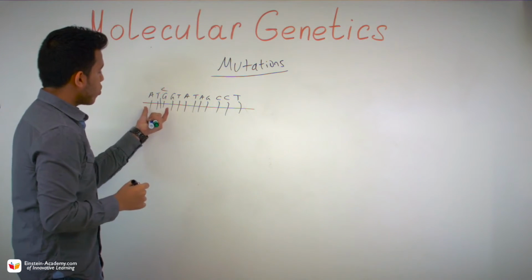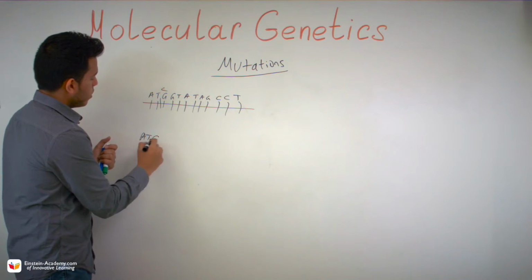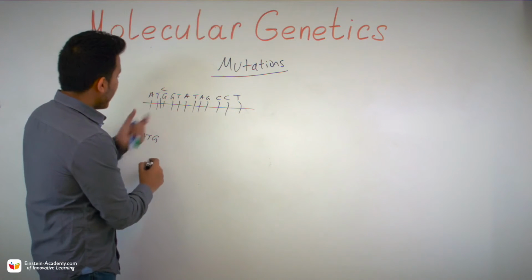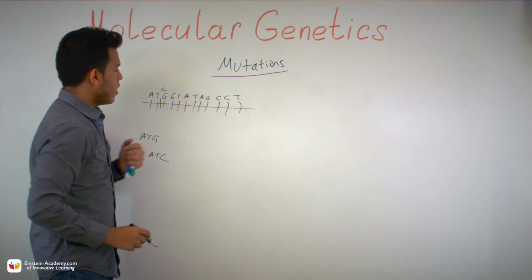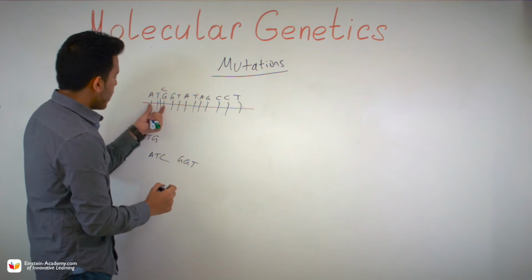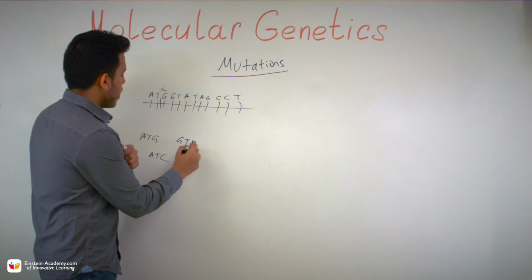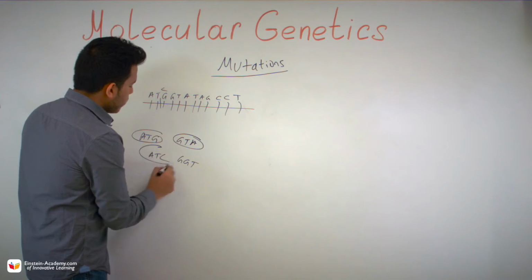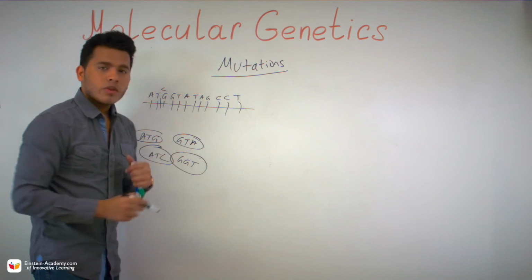Instead of a codon of ATG, it's going to be now ATC, and then GGT, as opposed to ATG and GTA. Look at the differences in these.